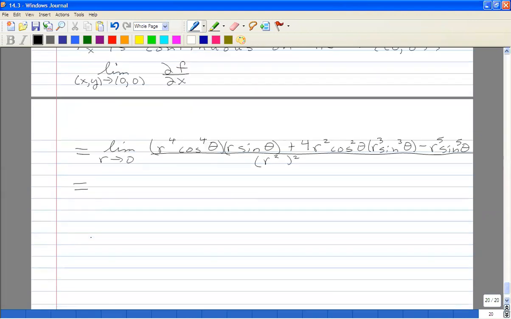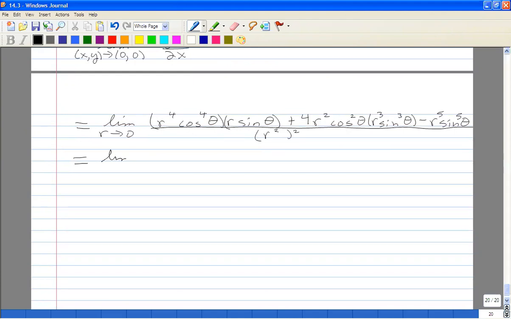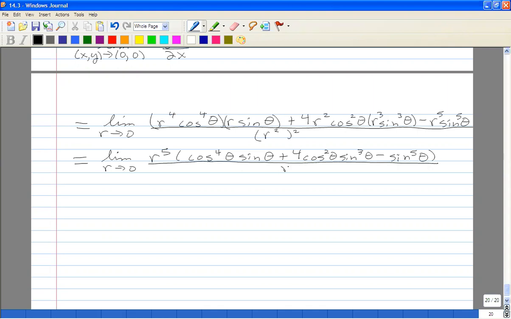So this is the limit as r goes to 0 of, I can factor out an r to the 5th from this numerator. What remains is cosine to the 4th theta sine theta plus 4 cosine squared theta sine cubed theta minus sine to the 5th theta, all divided by r to the 4th.